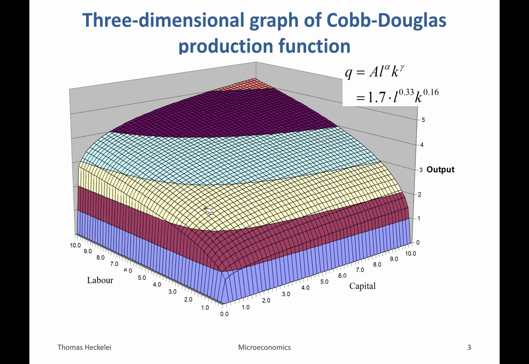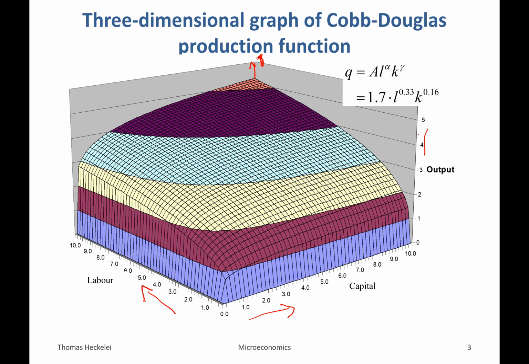So now go back to this piece of cake. The height of this graph here, this dimension, measures the level of output Q. Here we could write that because it's less abstract. And then the other two dimensions again show how labor and capital change.